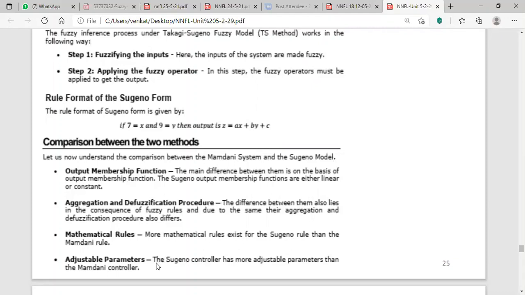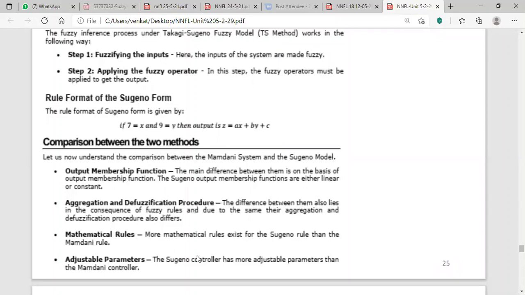Next, adjustable parameters. Here, the Sugeno controller has more adjustable parameters than the Mamdani controller, because in the Mamdani fuzzy inference system, we are simply writing if x1 is a1 and x2 is a2, then the output is b1.